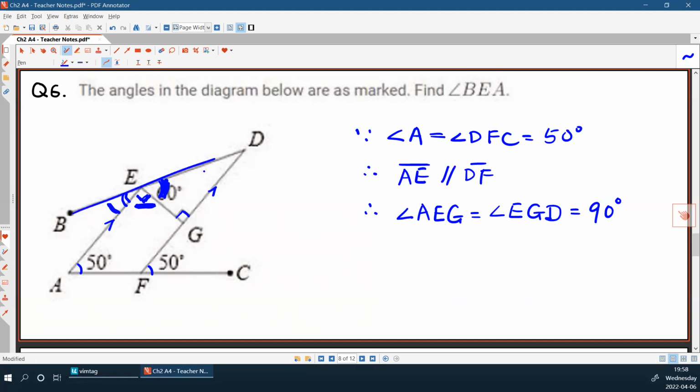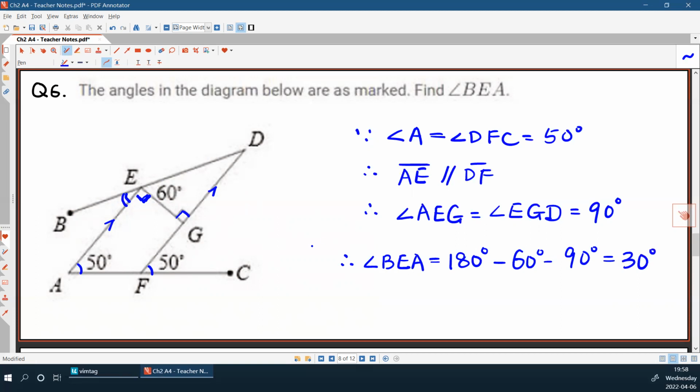Because this angle is a straight angle. Okay, so that'll give us angle BEA. Therefore, angle BEA equals a straight angle 180 degrees minus 60 degrees minus 90 degrees, which is 30 degrees. Okay, have a look at this question and let me know if you finish.